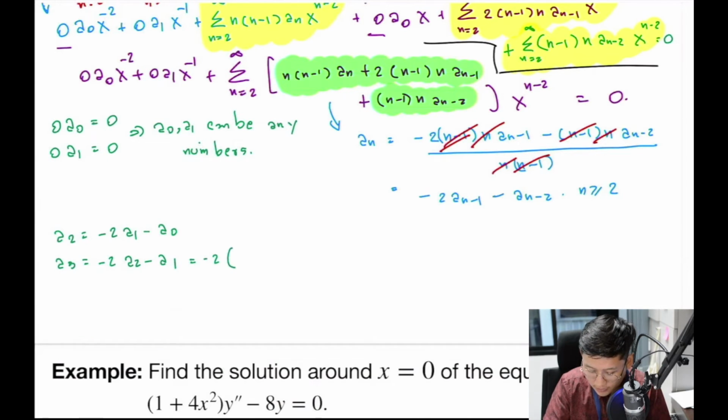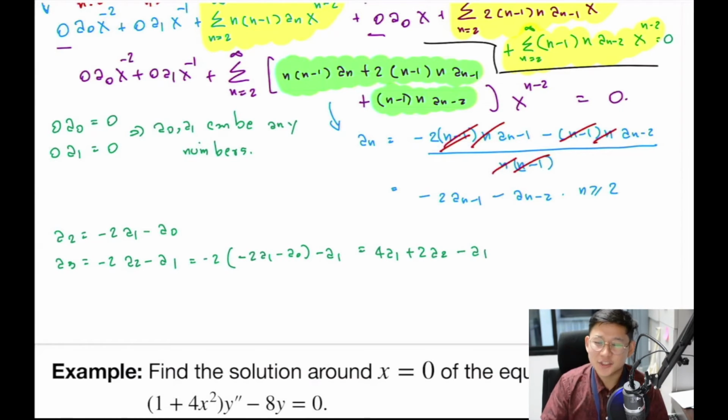Minus 2a2 is 4a1 plus 2a0 minus a1. Guys, just be careful with these a's, okay, because it's quite easy to get it wrong. So just be extra careful with the calculation.